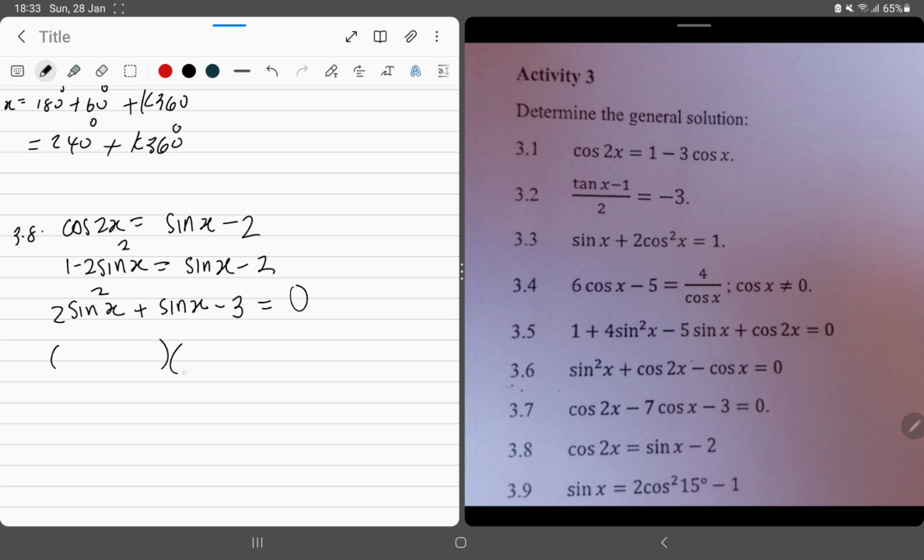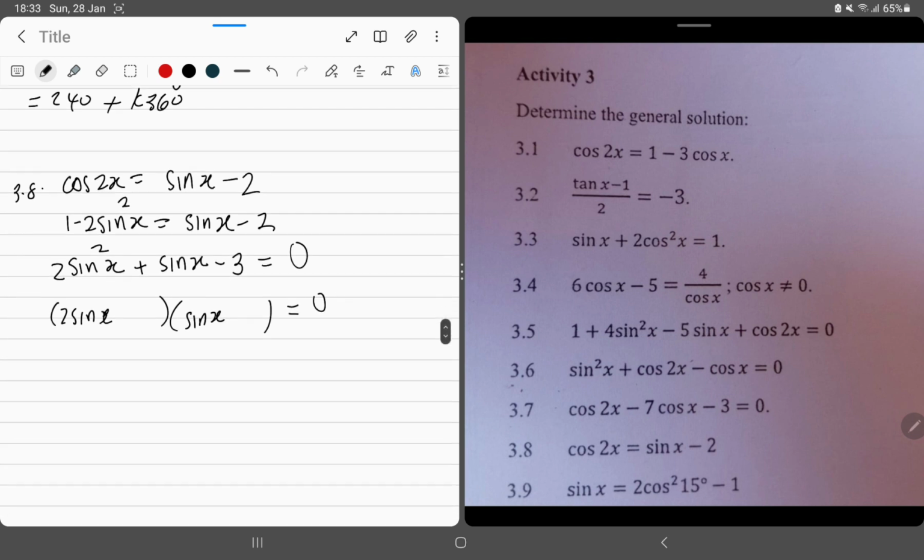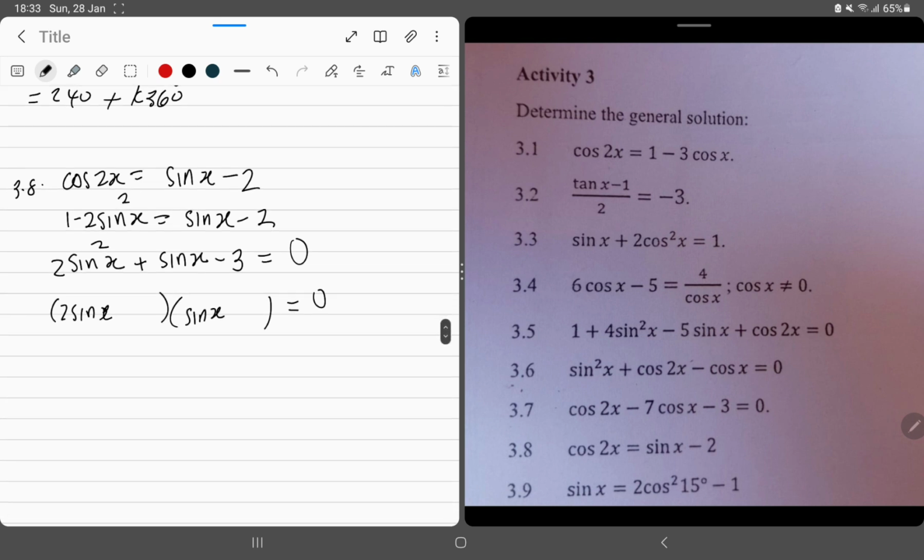Yes. Now I'm looking for the factors. 2 sine of x, sine of x. And then I need to have a 1. 3 is going to come this side. That's going to be a 1.